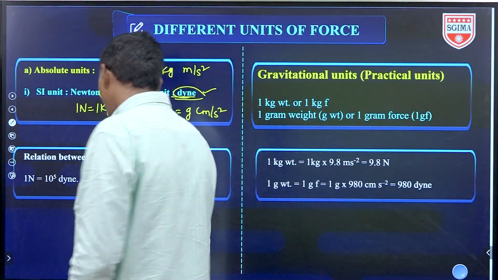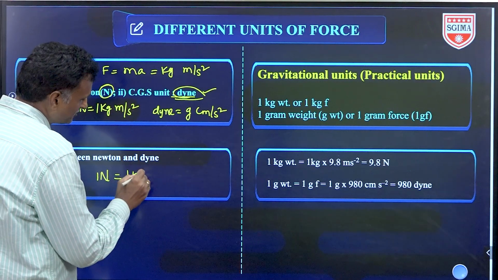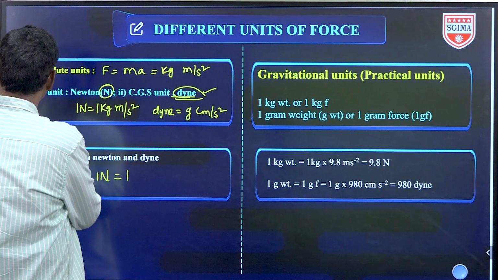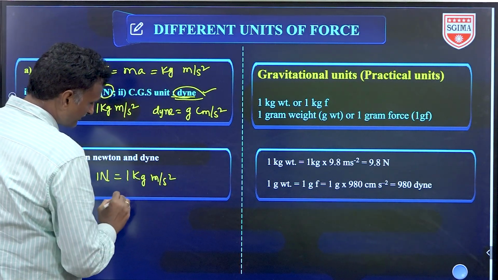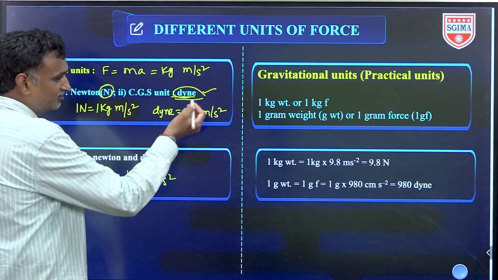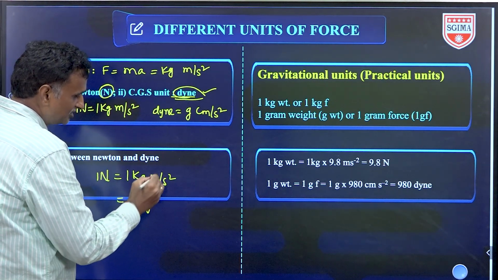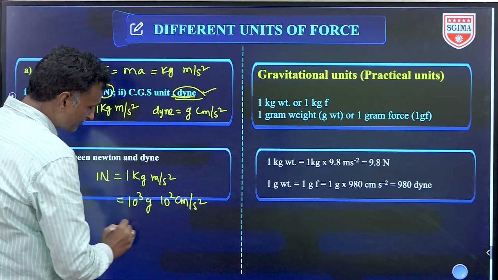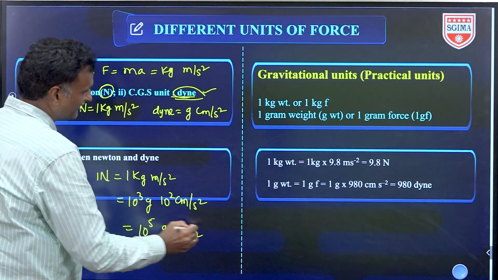First, 1 Newton equals 1 kg meter per second square. Now we are converting into Dyne, so we need to convert into grams. How many grams in a kg? 10 power 3 grams. How many centimeters? 10 power 2 centimeters per second square. So this gives 10 power 5 gram centimeter per second square.